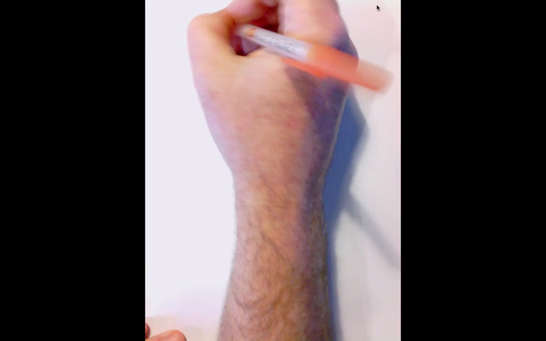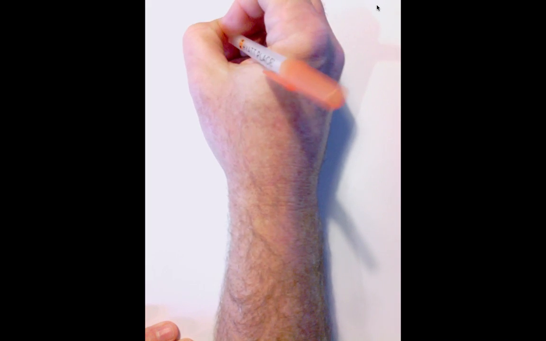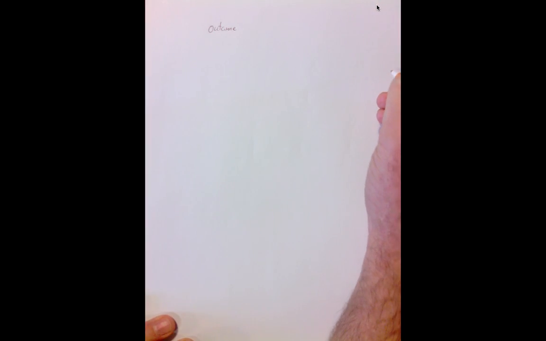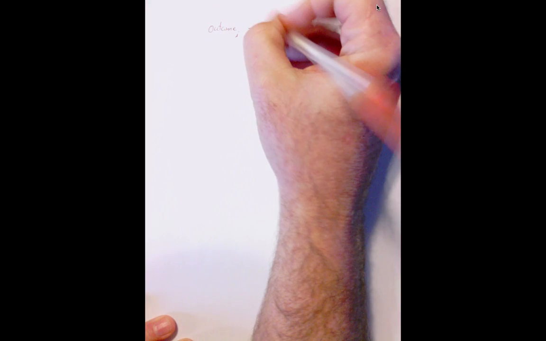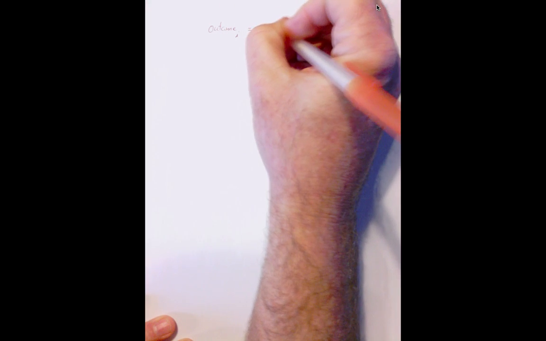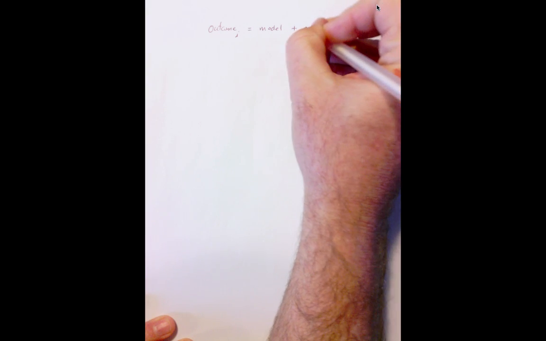Let's start with a new sheet of paper here. All right, so again, we go back to the spirit of the general linear model, where the outcome for i is equal to the model plus the error for the ith term.